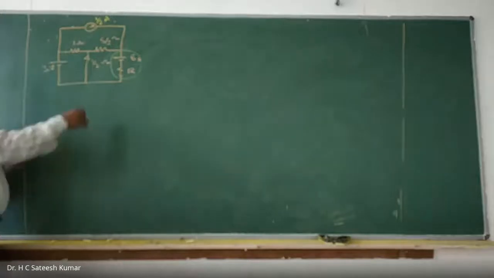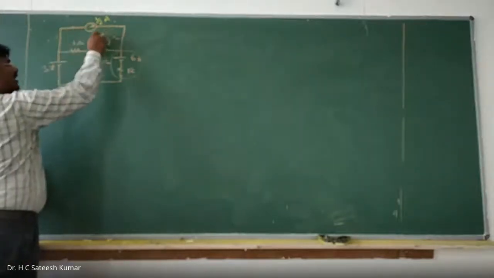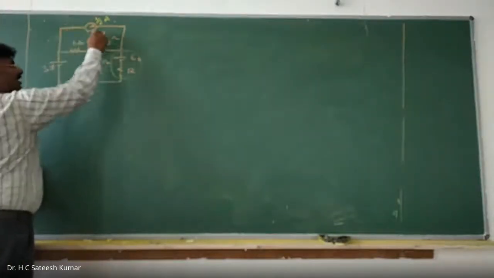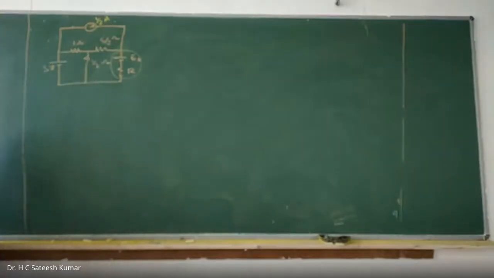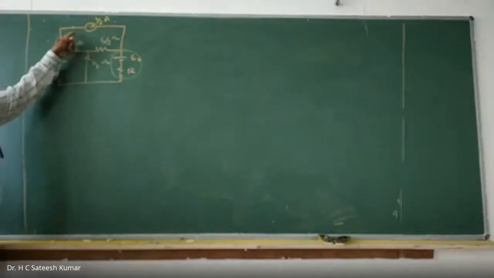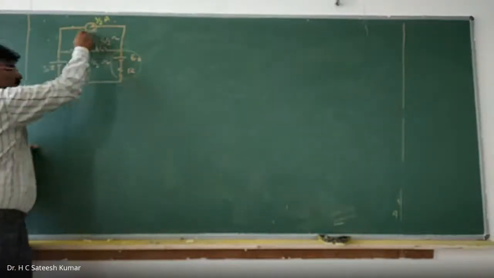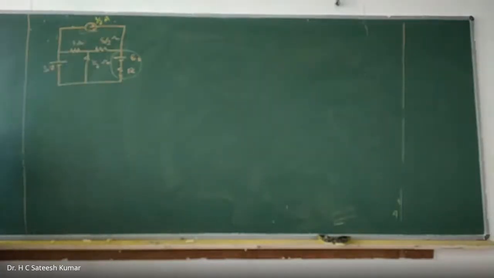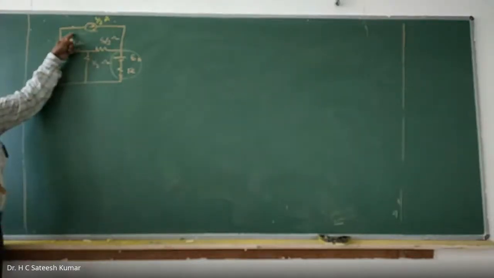Another one is, there is a current source here. Half amp is leaving, half amp is entering. That also we can simplify. This also we can shift. But if I shift it, here we cannot shift it because there is a current source. So if you want to shift it, there should be an advantage. If I have current and voltage, it becomes complicated.